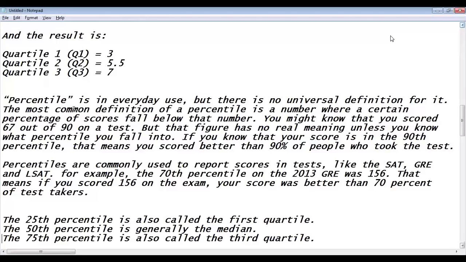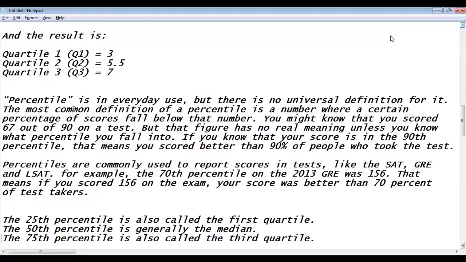So these are very important concepts, the percentile, to know where you stand. The 70th percentile on the 2013 GRE was 156. So if you have scored above 156, you are better than 70% of the students.